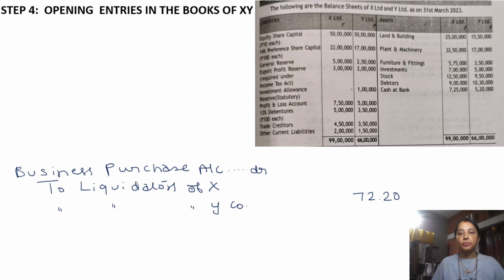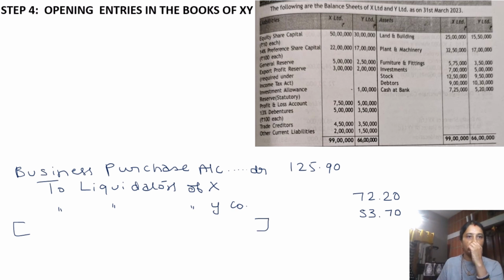How much you have to pay to Y company? 53 lakhs 70,000. So when you total these two, it comes up to 125 lakhs 90,000. It comes up to 1 crore 25 lakhs 90,000. So being business purchased from X and Y. This is the first entry we pass in the books of XY. That is opening entries in the books of XY.